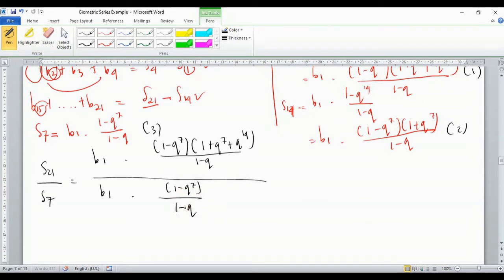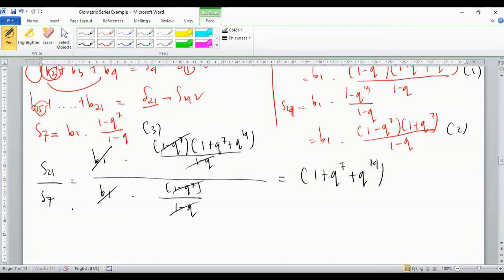From here, we can see they can be divided: we cancel B1, 1 minus q power 7, and 1 minus q. So this is equal to 1 plus q power 7 plus q power 14, everyone.